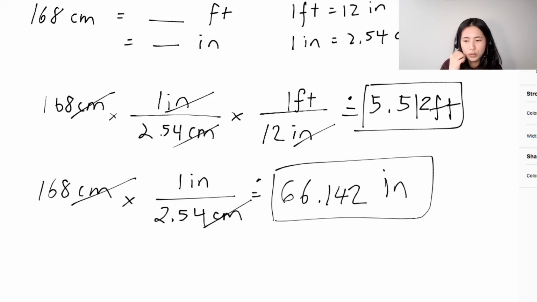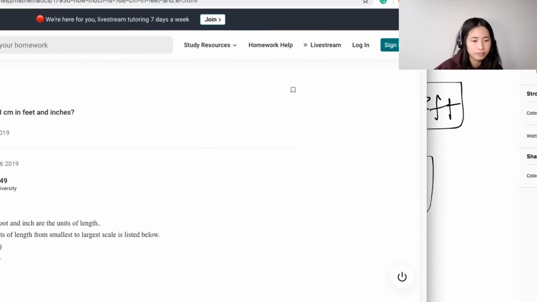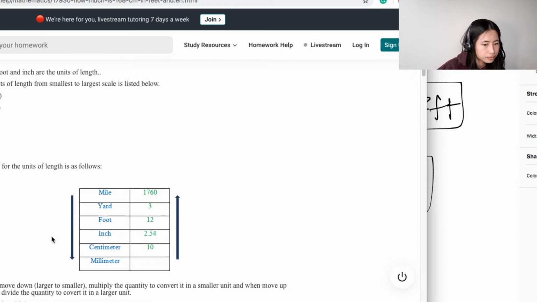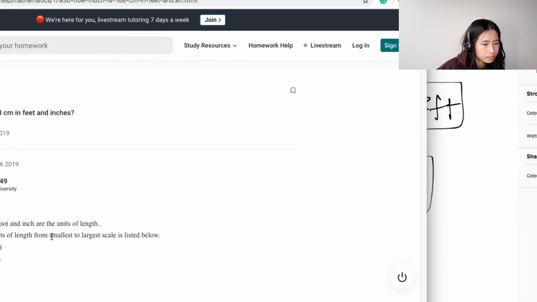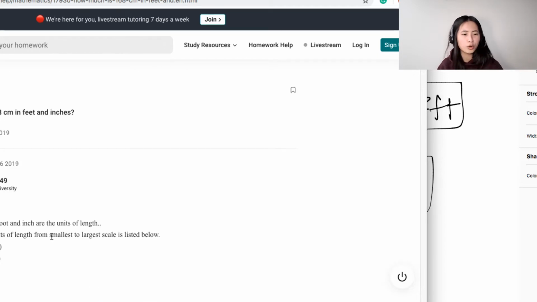Unless they ask you differently. Because the way you're going to interpret this question, it could be two ways. The first way would be to separate 168 centimeters and convert that to feet, and then 168 centimeters, convert that into inches.